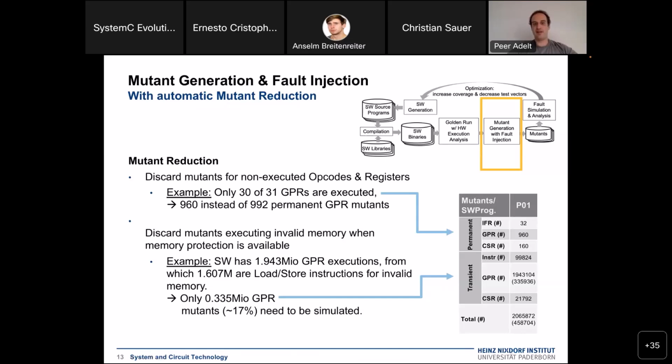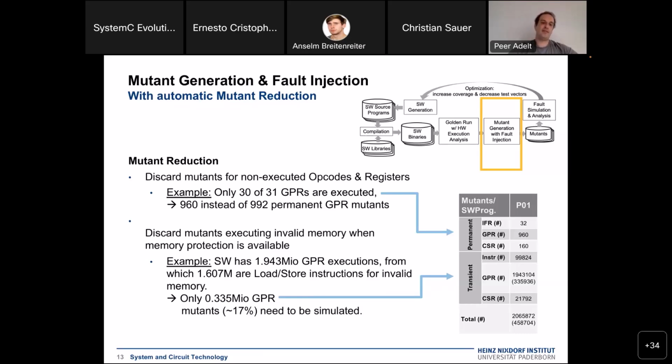For the memory protection example, just consider a software that has roughly 2 million GPR executions, from which 1.5 million, 1.6 million are load and store instructions for invalid memory. We saw that actually in our examples. So we assumed that we had a memory protection configuration that was rather strict with regard to accesses to memory that's not being owned by the small test software.